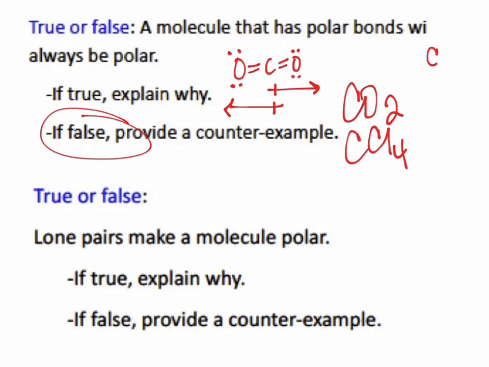For carbon tetrachloride, again, this time it is being pulled out. But the overall molecule is non-polar. All right.